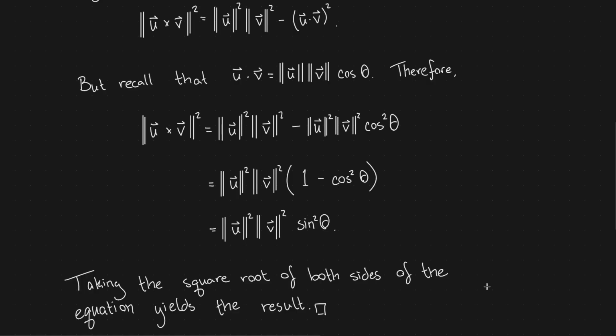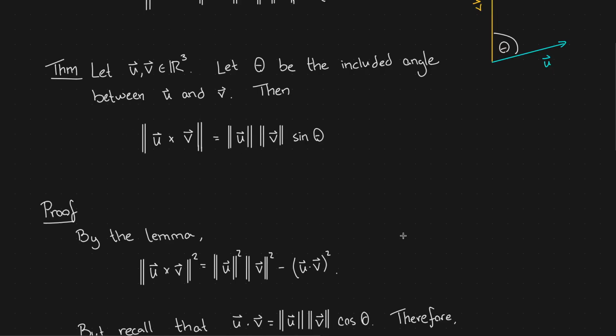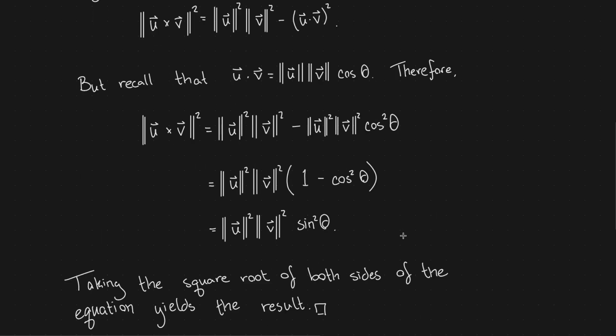So a couple of points here. First, we're saying we can take the square root of both sides of this equation. So I take the square root of that side, I get the norm of u cross v. Take the square root of this side, I get norm u norm v sine theta. Okay, great. You do have to generally be careful taking square roots of squares, right?